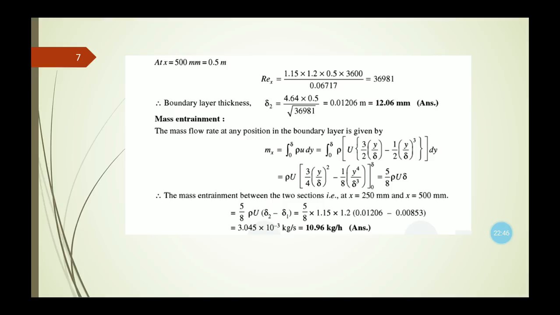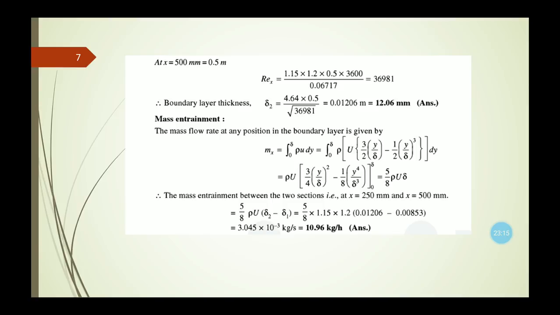Using a similar method, we calculate the Reynolds number by putting x as 0.5, which we get as 36,981. Putting this value of the Reynolds number in the formula of the boundary layer thickness, we get the boundary layer thickness delta 2 as 12.06 millimeter.